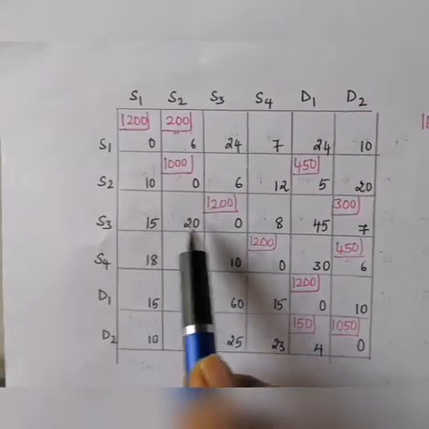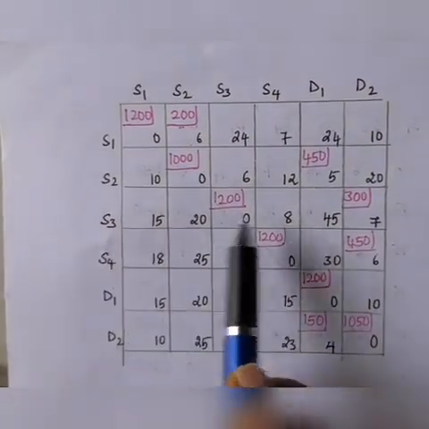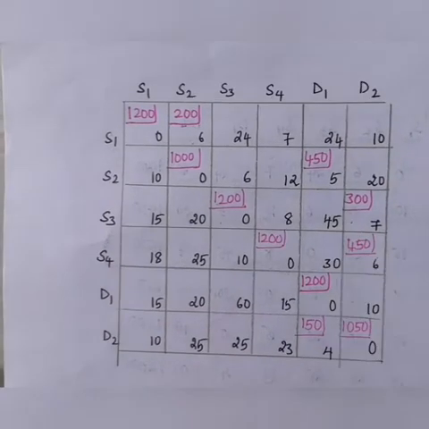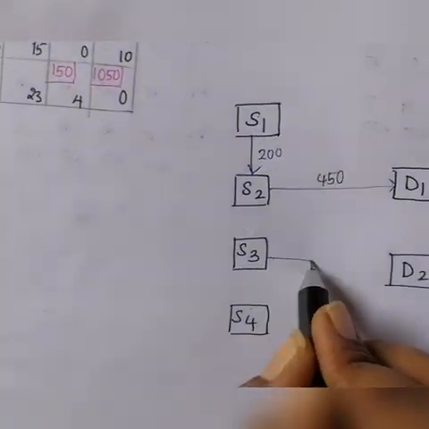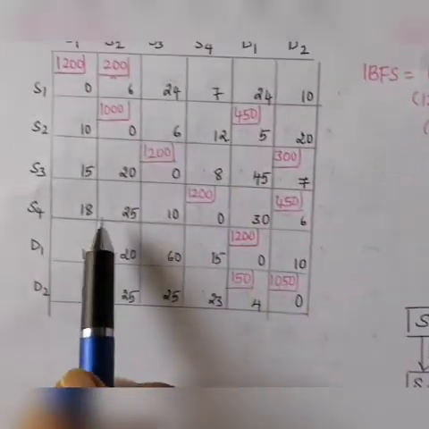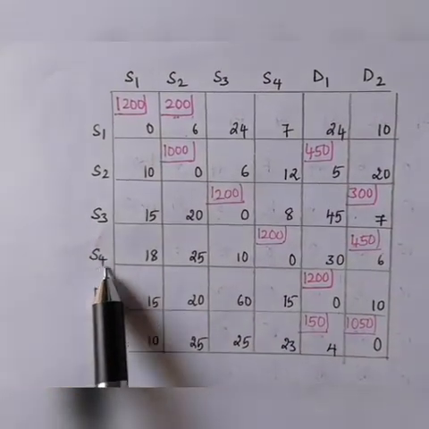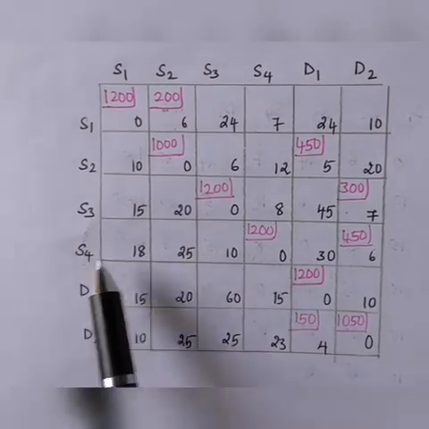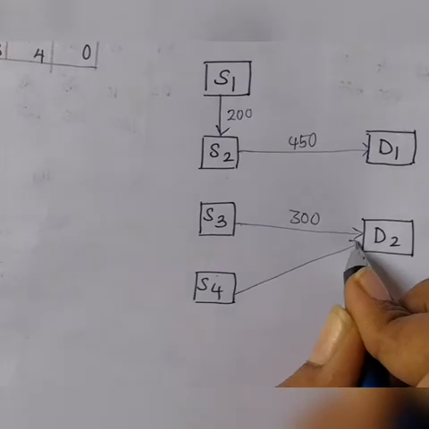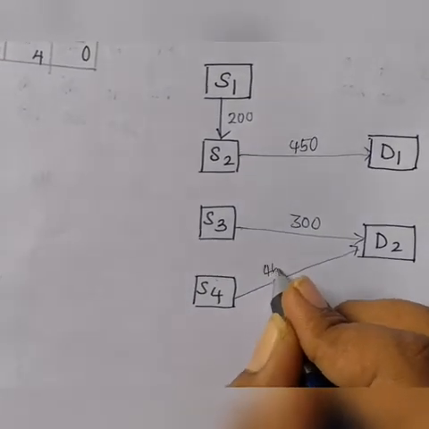Next, S3 to S3 is 0 and S3 to D2 is 300. Next, S4 to S4 is 0, S4 to D2 is 450.